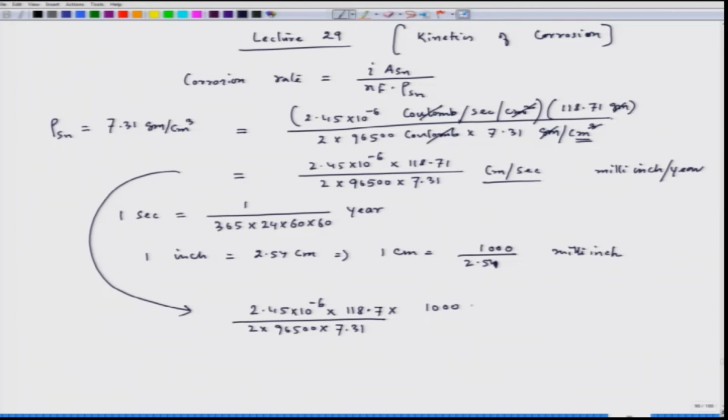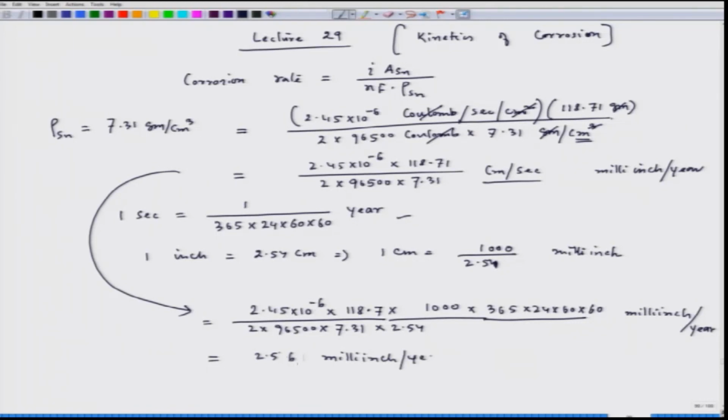So, 1 centimeter equal to 1000 by 2.54 milli-inch, and then 1 second is equal to this much year. So, this will be multiplied here, and this becomes milli-inch per year.